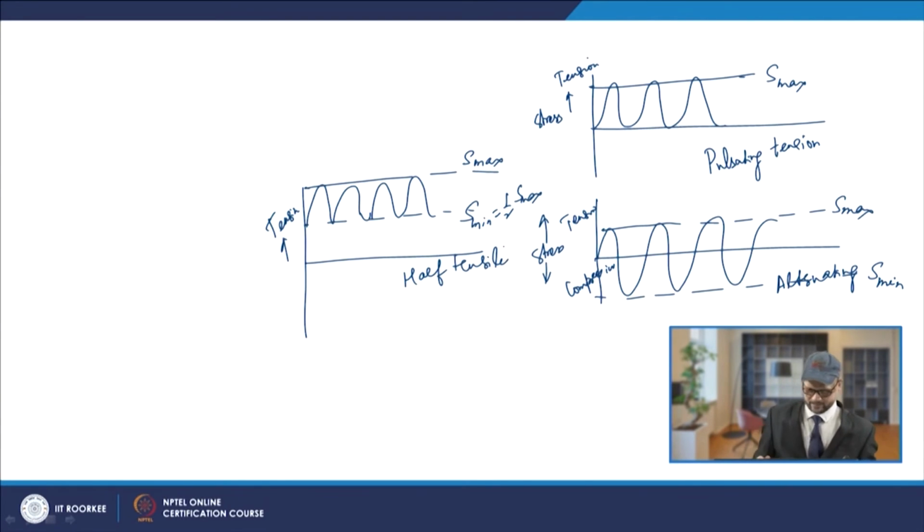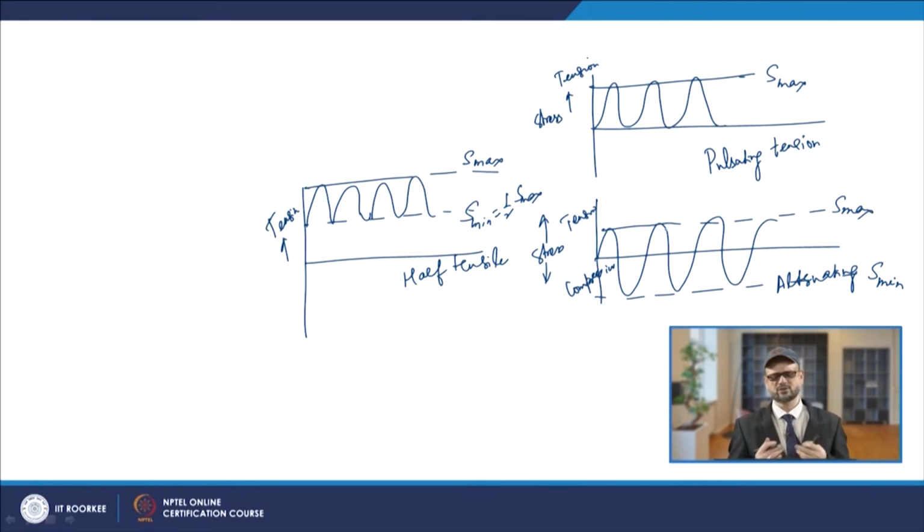So you have different types of stress cycles which you can see in these cases. You have zero to tension, and then you have the complete reversal also. So these are the different cases formed here. In one case you have zero tension, and in this case you have the half tensile.